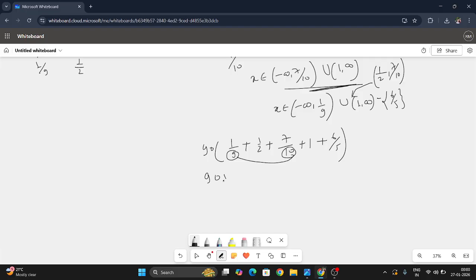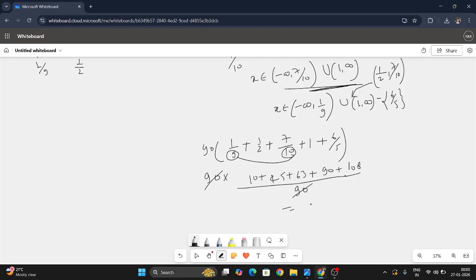So multiply by 90: 10 plus 45 plus 63 plus 90 plus 108. These two get cancelled, and you will get 10 and 45, that is 55.